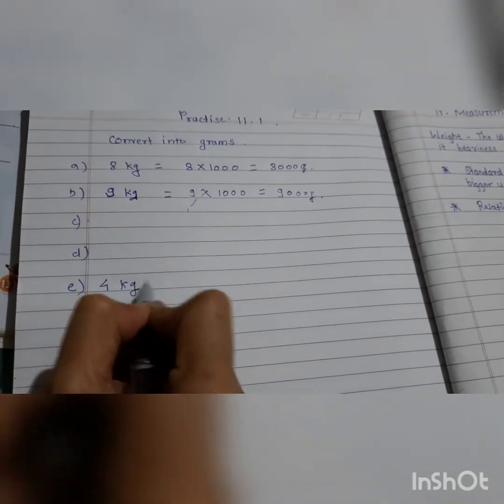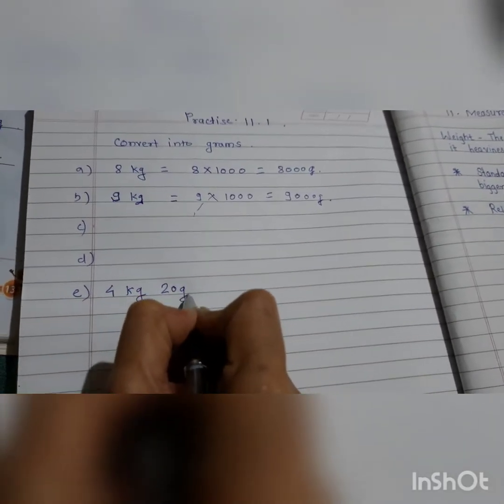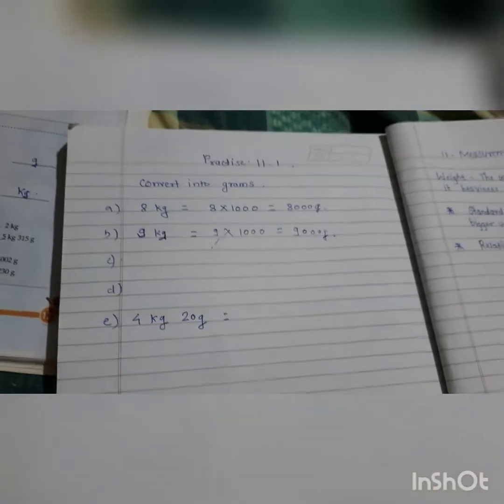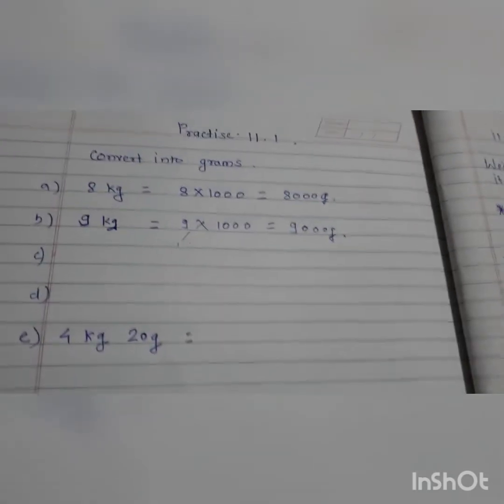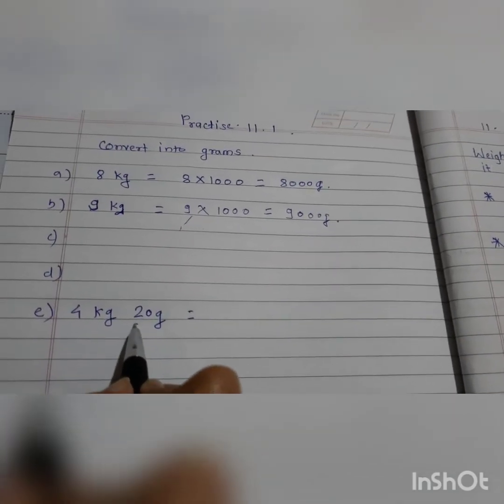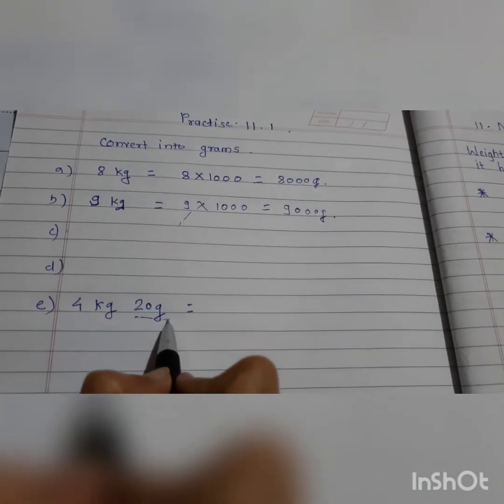4 kg 20 gram. How to convert 4 kg and 20 gram into gram? 20 gram is already given in gram, so no need to convert it.